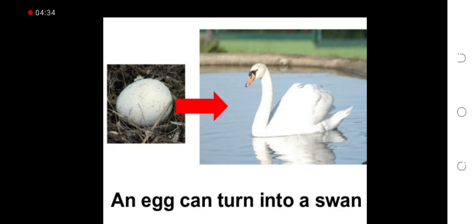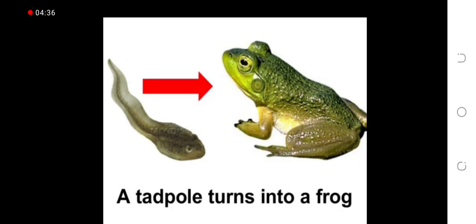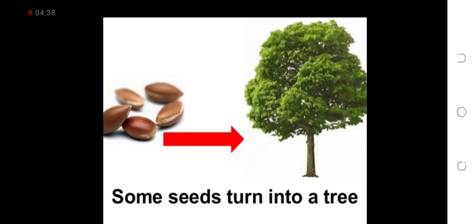So an egg can turn into a swan, a tadpole turns into a frog, and some seeds turn into a tree.